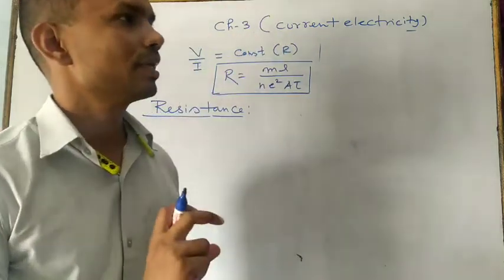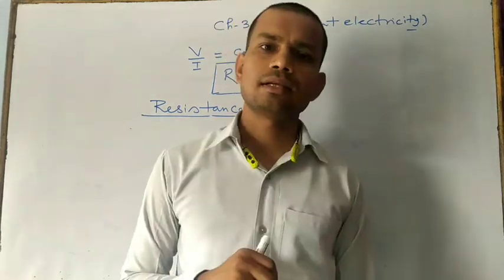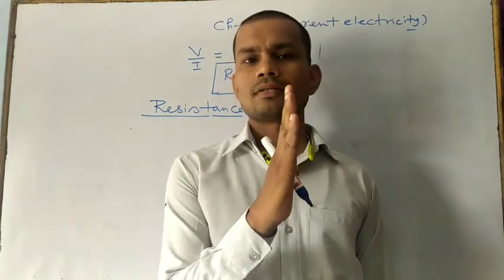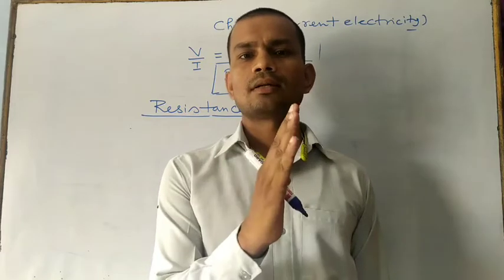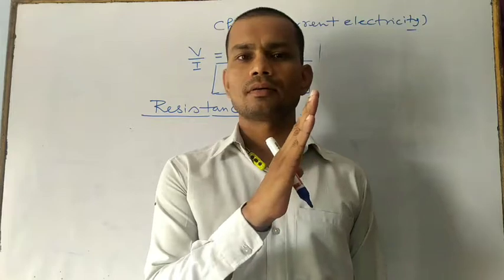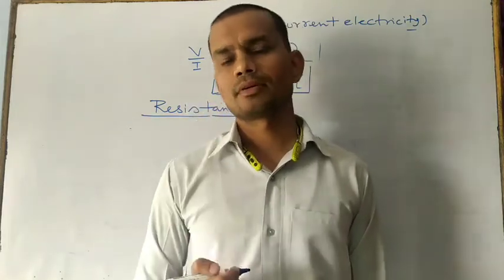When we apply a potential difference across the conductor, the electrons drift from the negative terminal to the positive, or from lower potential to higher potential, with different velocities.